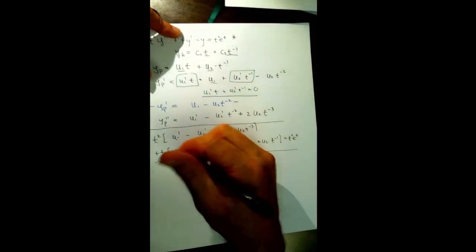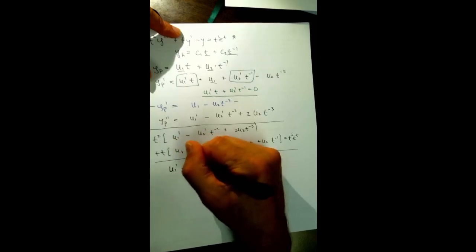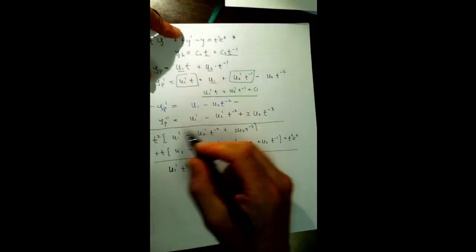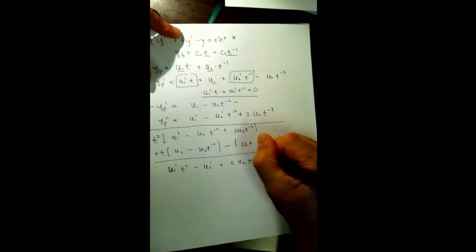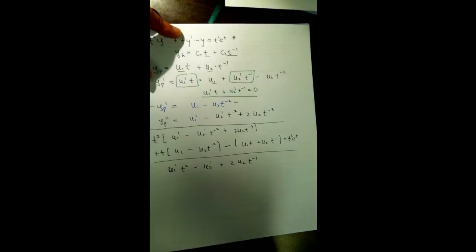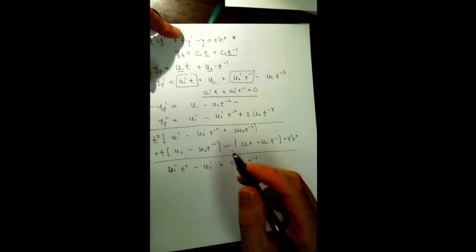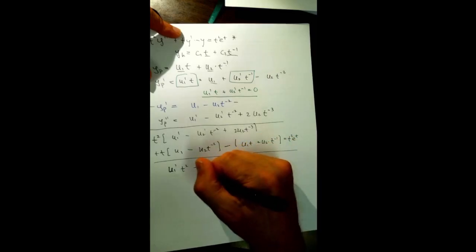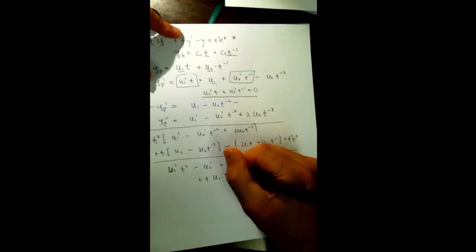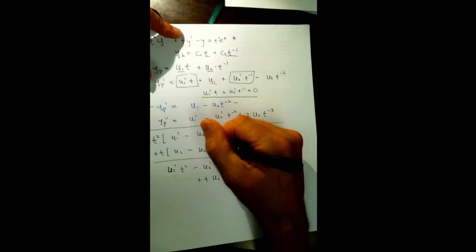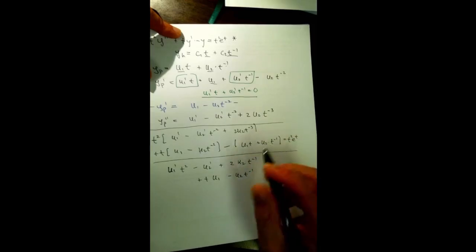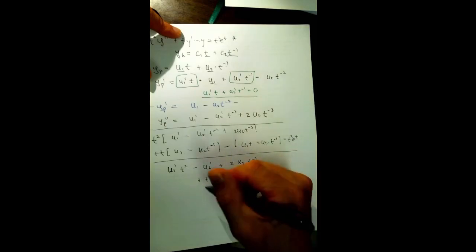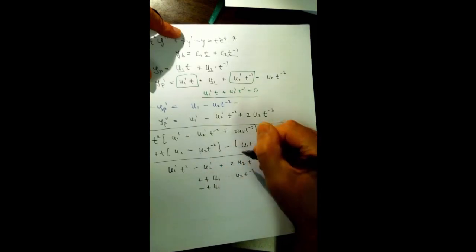So let's multiply everything through. So I get u1 prime t squared. t squared times t to the minus 2 is 1, plus u2 t squared times t to the minus 3 is t to the minus 1. Multiplying through my t there, I'm going to get plus t u1 minus u2 t to the minus 2 times t is t to the minus 1. And then here I'm going to have minus t times u1, which is coming from this term.